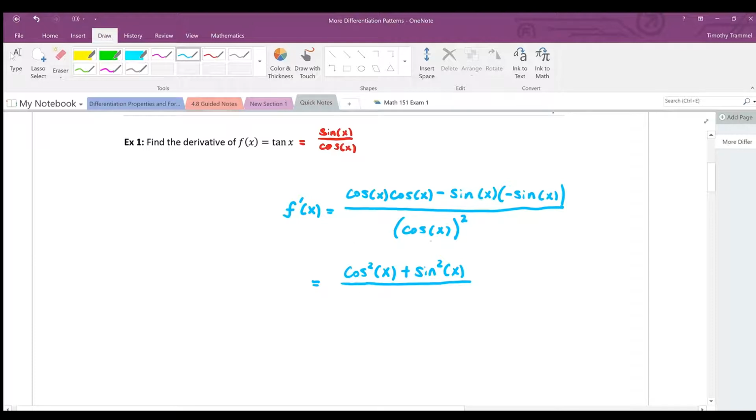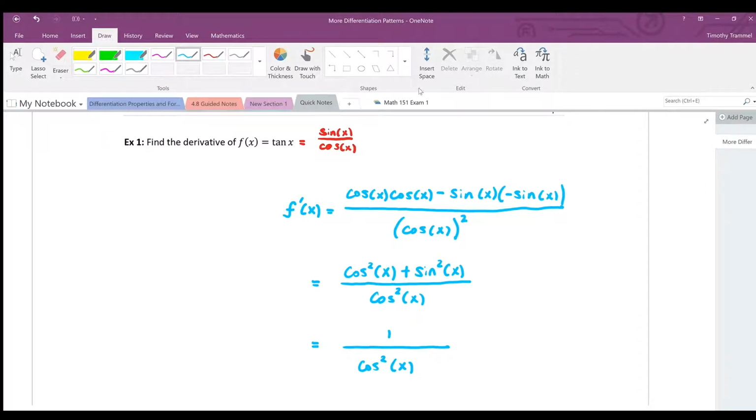And this is all over cosine squared of x. And some of you might remember from maybe trigonometry or pre-calc that cosine squared of x plus sine squared of x is equal to 1. And this is all over cosine squared of x.